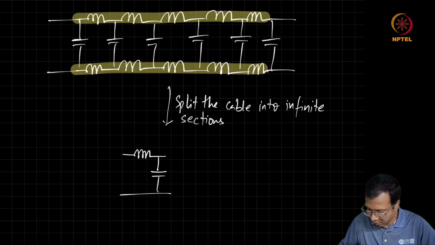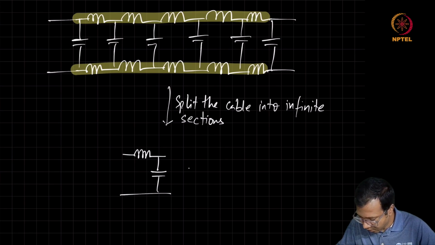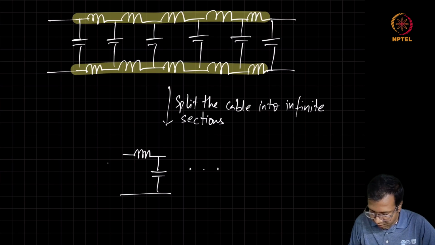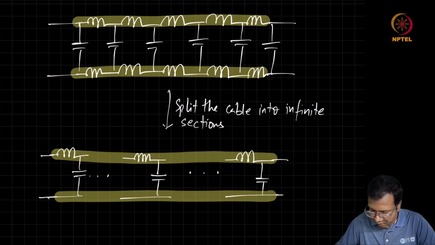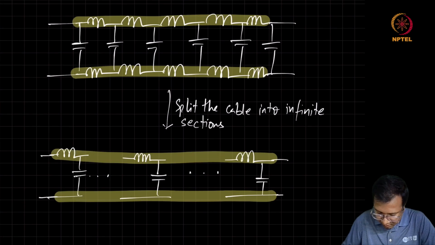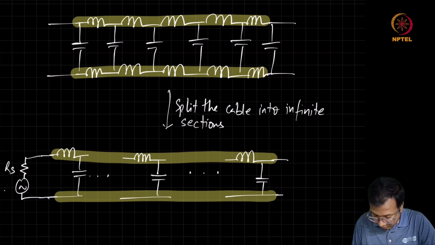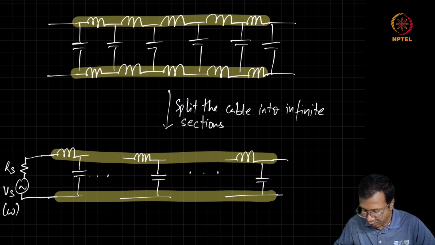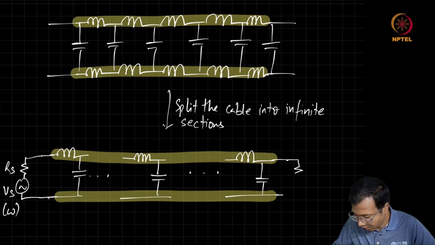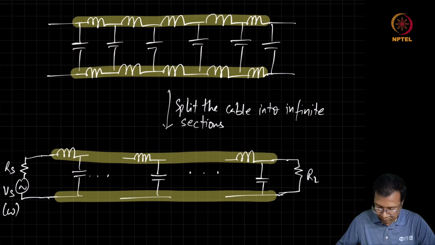And like this, we will be having infinite sections. And let's say this cable has been driven by a source with its own impedance at a frequency omega, terminated by load RL.